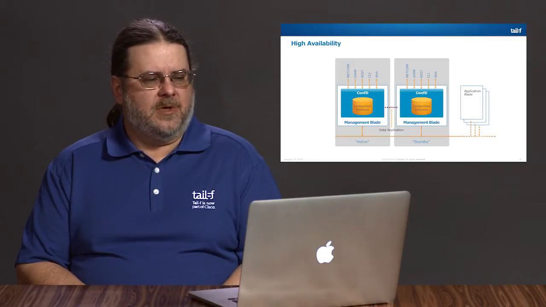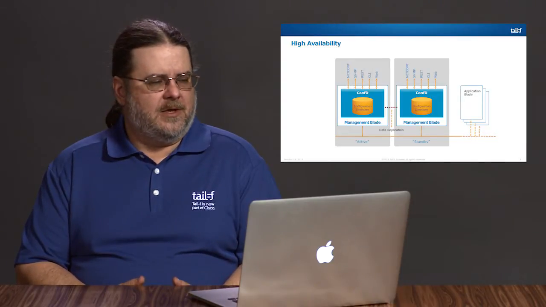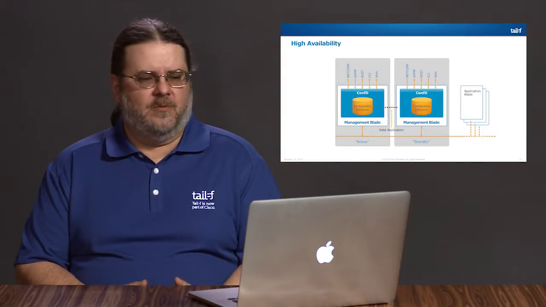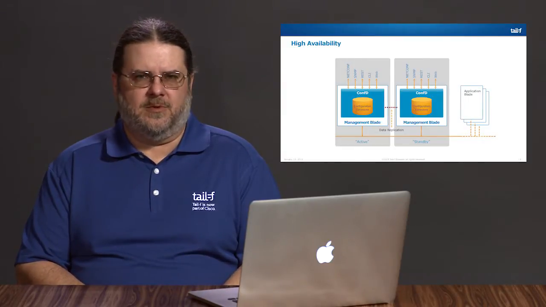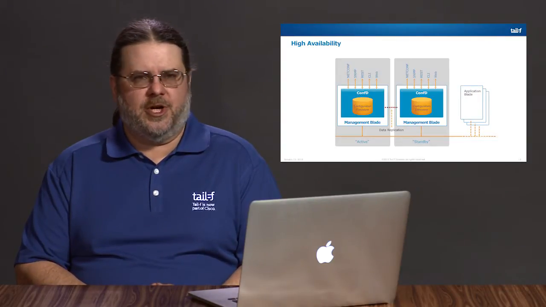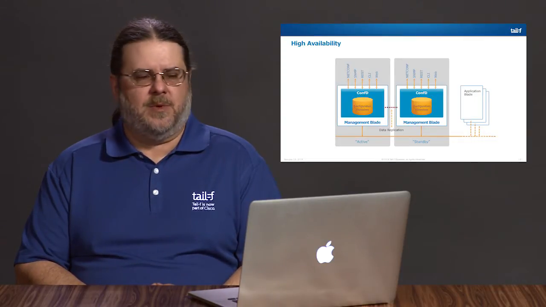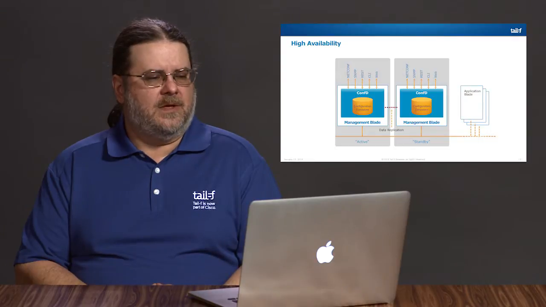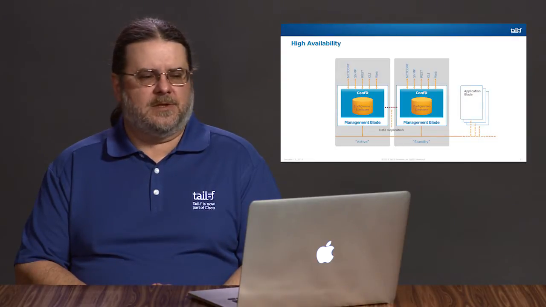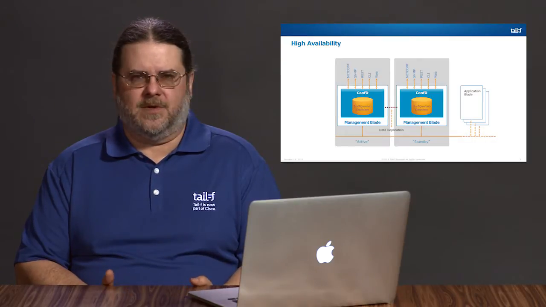The synchronization check occurs when a new standby ConfD attaches to an active. First, a check is done that the standby is running the same version of ConfD, using the same version of data models. And then a simple check of what's called the transaction ID from the CDB database is done. This check reads the transaction IDs from both databases, the active and the standby.